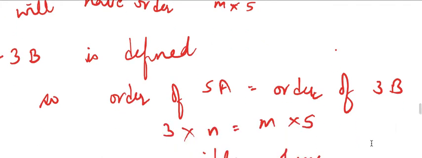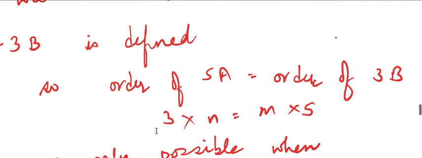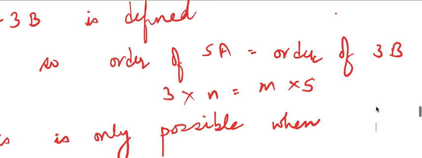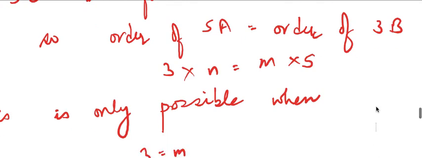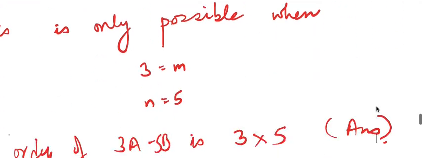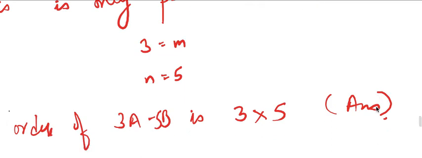So 3 cross n and m cross 5 is only possible when n is equal to 5 and m is equal to 3. If this matrix 5A minus 3B is defined, its order has to be 3 cross 5.